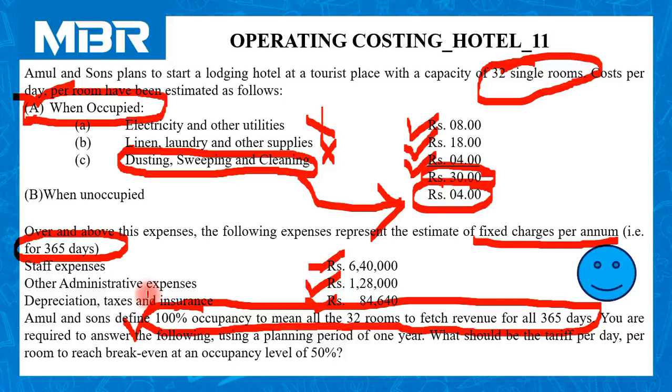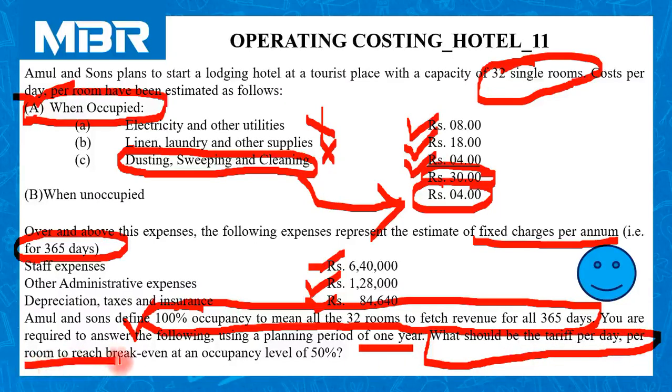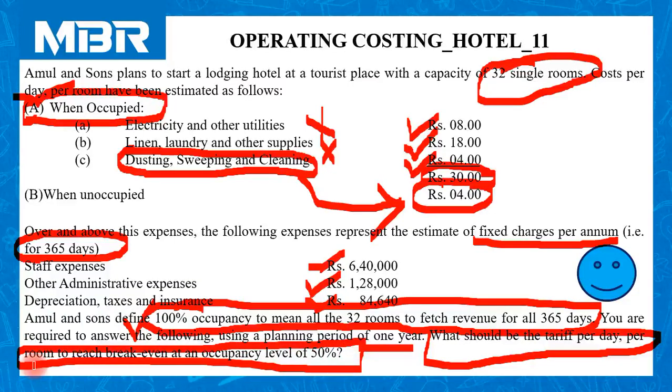You are required to answer the following using a planning period of 1 year, that is 365 days. What should be the tariff, that is the rent per day per room, to reach break even at an occupancy level of 50%? Here the examiner has given us different information.